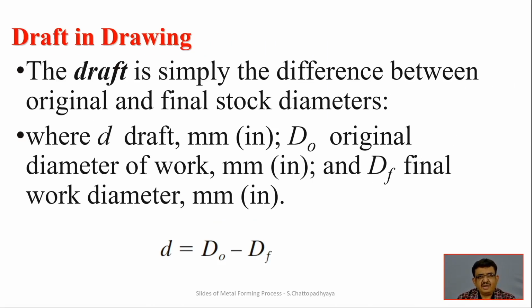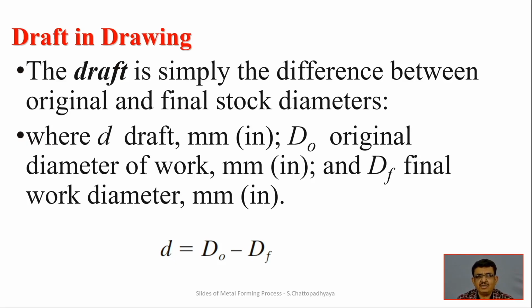The draft is simply the difference between the original and the final stock diameter, because our drawing is for reduction of the diameter, and the draft is simply a representation of the reduction in diameter. The initial diameter is D0, the original diameter, and the final diameter is Df.